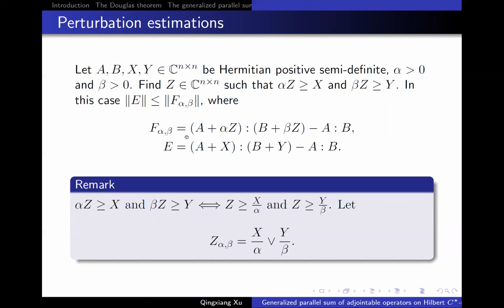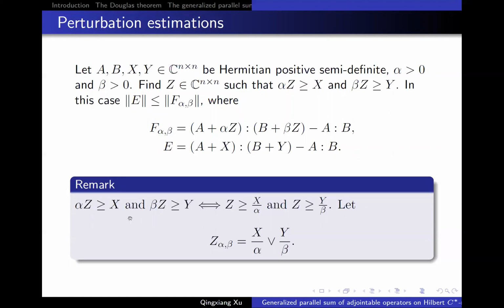And according to the monotonic property of the parallel sum, we can prove that this F alpha beta is bigger than E, therefore its norm is also bigger than E. So an upper bound of E can be given with this one. And if we can make some computation of this one, then a bound of the norm of E can be derived.